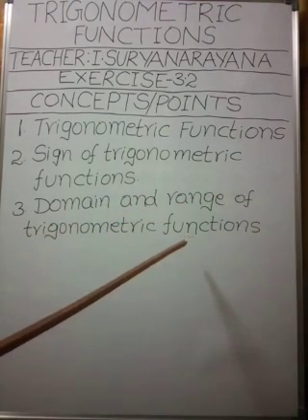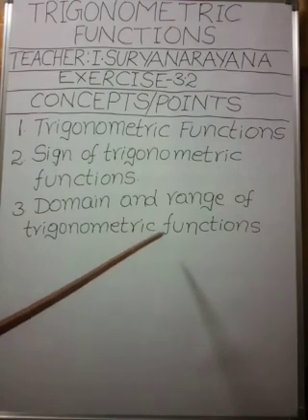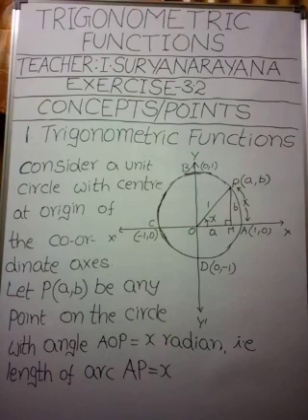Okay, my dear children, are you ready to listen to the class? In earlier classes, we have studied trigonometric ratios for acute angles as the ratio of sides of a right angled triangle.